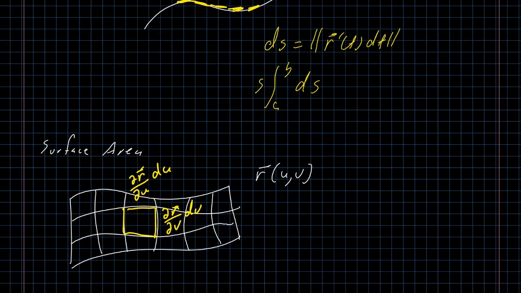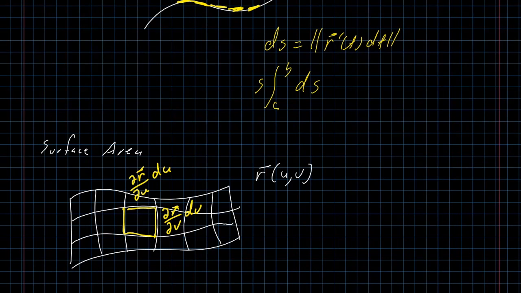You can convince yourself of that by thinking about the fact that the cross product of these vectors is the thing that allowed us to find the equation of the plane. And when we're thinking about area, we're thinking about this tiny piece as being a plane.